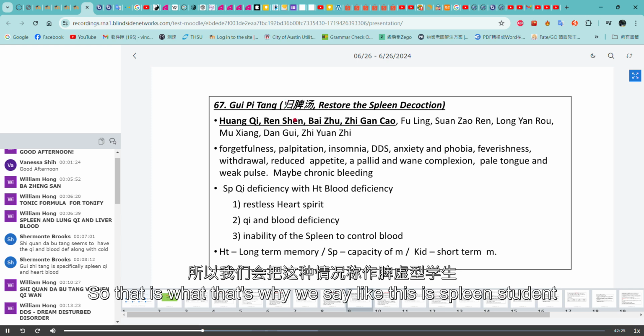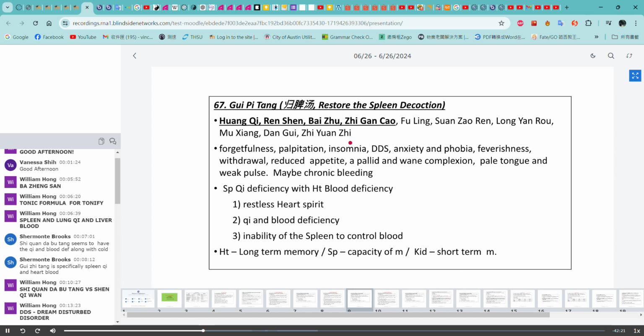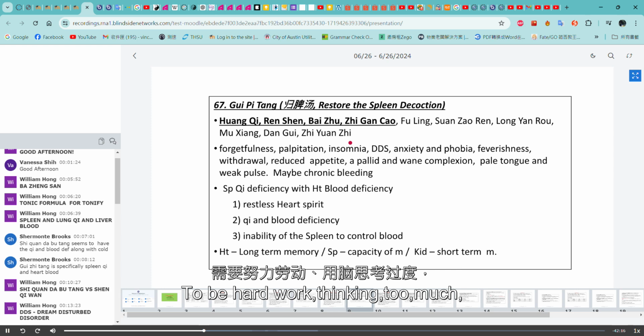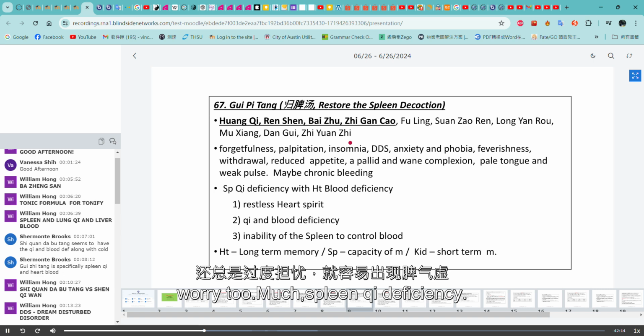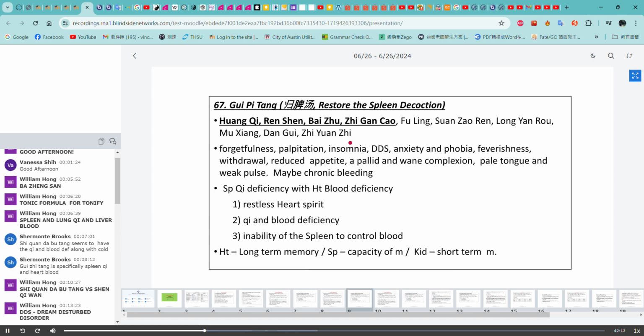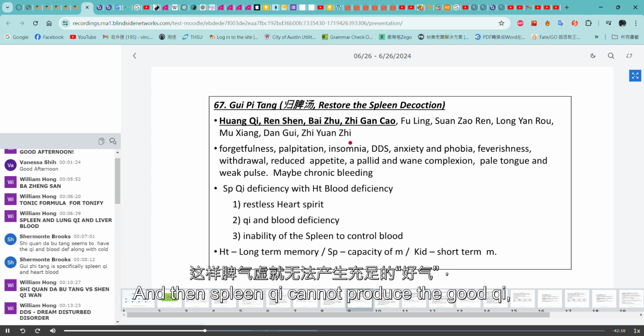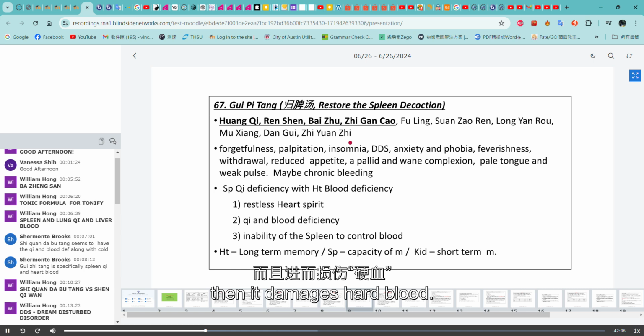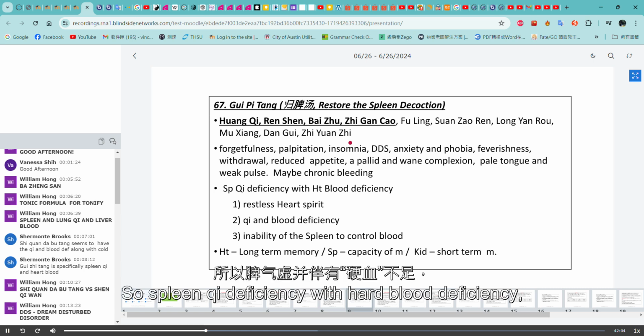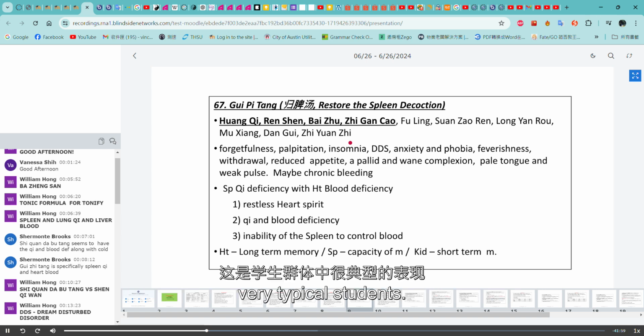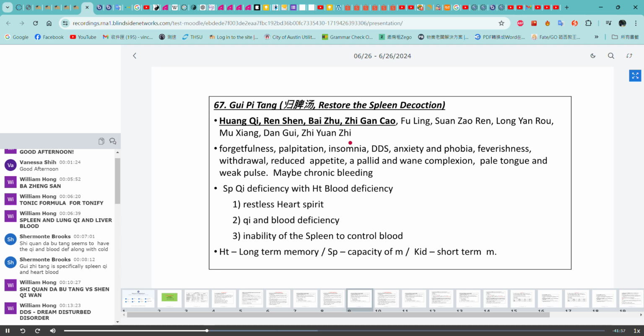So that's why we say this is the spleen student formula, because students work hard, think too much, worry too much, spleen Qi is deficient, and then spleen Qi cannot produce good Qi, then it damages heart blood. So spleen Qi deficiency with heart blood deficiency is a very typical students' manifestation.